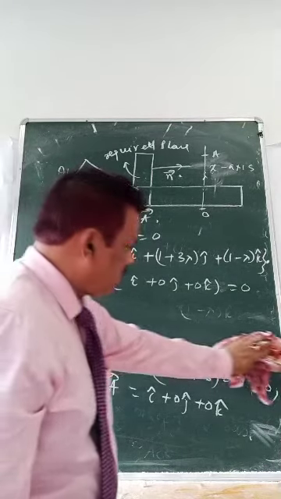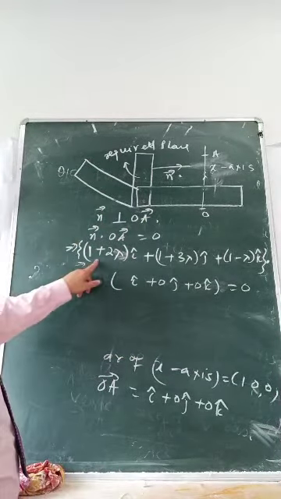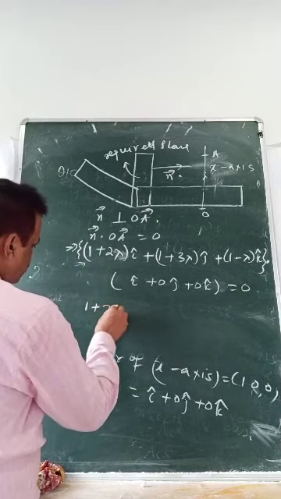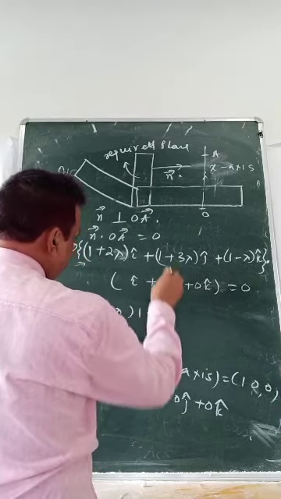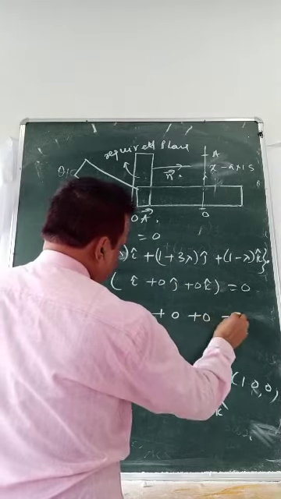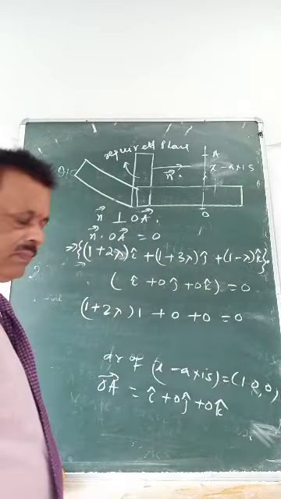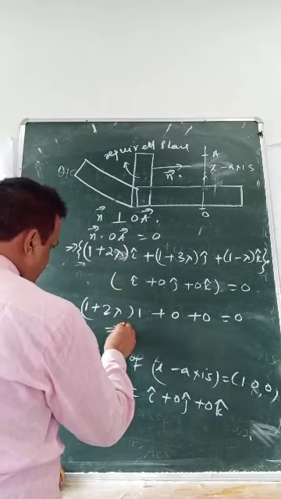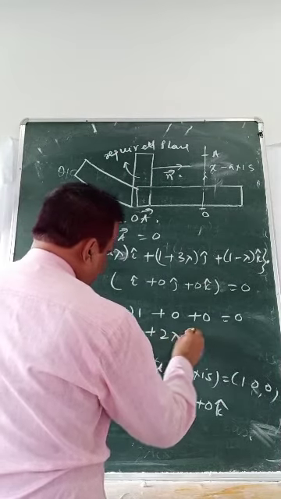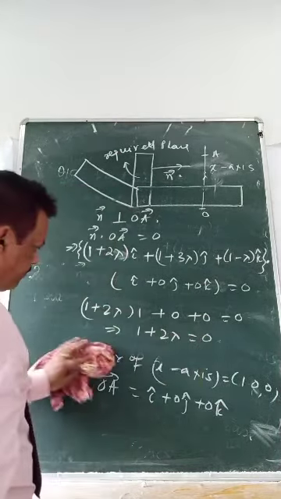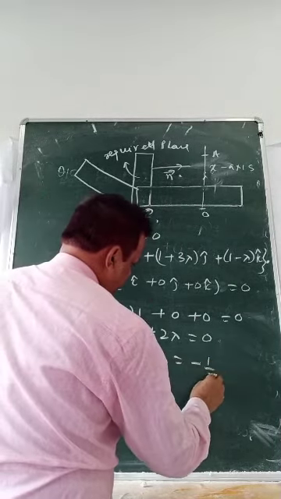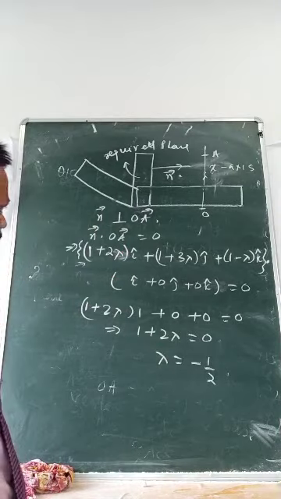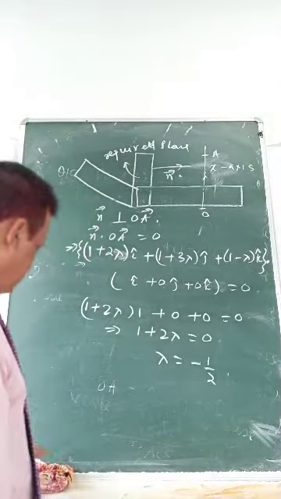Okay, so multiply (1 plus 2 lambda) into 1, 0 into this is 0, plus 0 equals 0. That means 1 plus 2 lambda equals 0, lambda equals minus half. Okay, then what is the equation of the plane then?